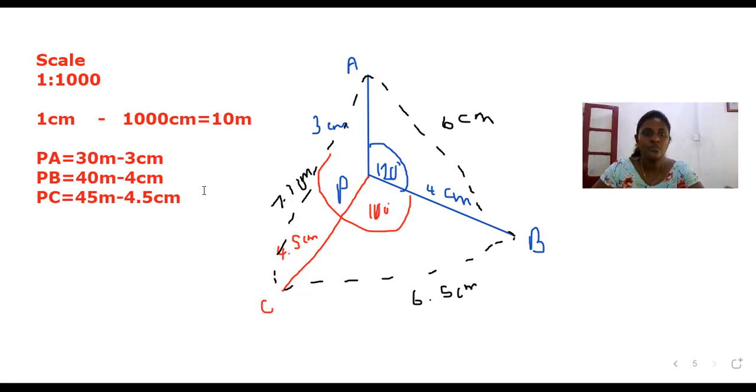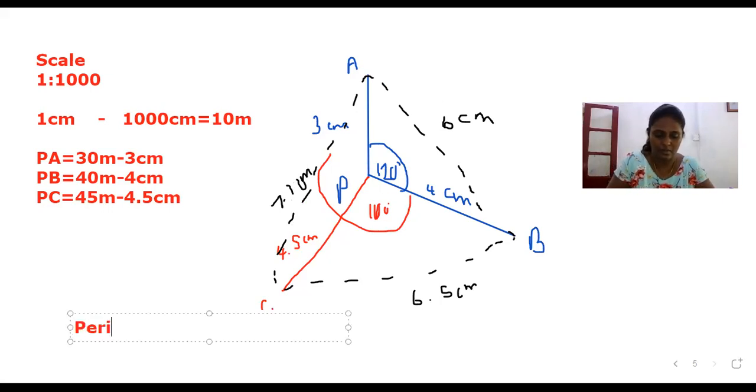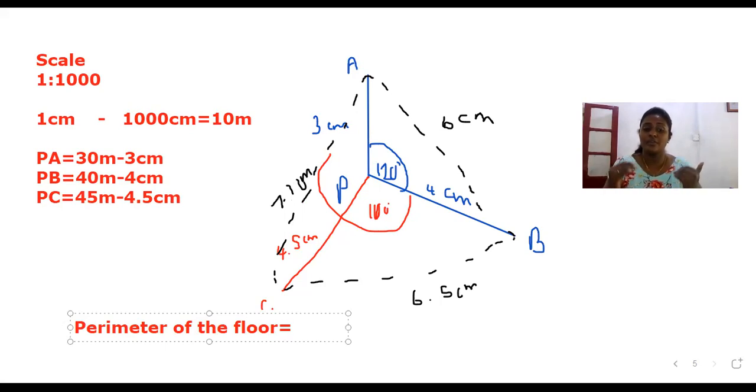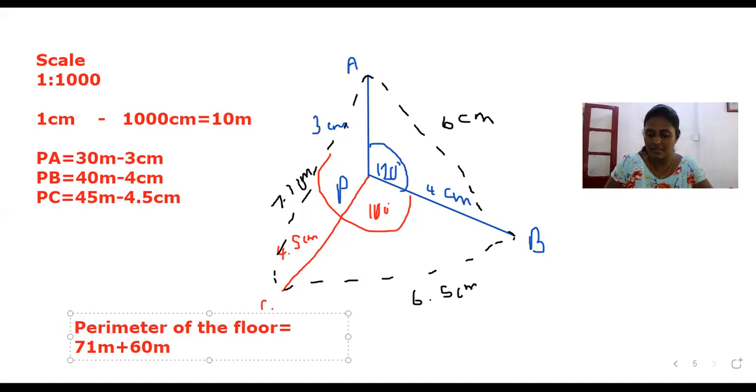Then to find the perimeter, this is a flow area. So the perimeter of the flow equals, now we have to consider the actual distances. 7.1 centimeters, since 1 centimeter denotes 10 meters, means 71 meters. 6 centimeters means 60 meters. 6.5 centimeters means 65 meters.